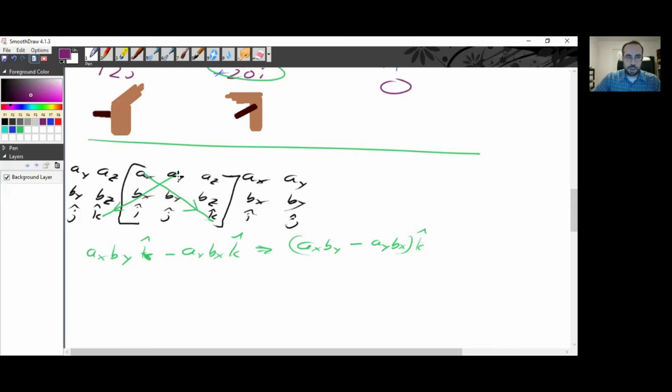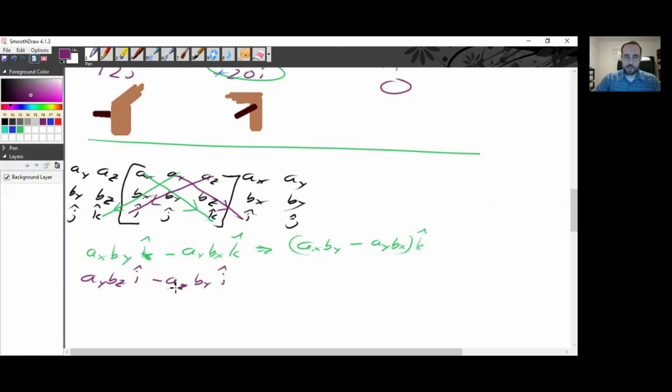And then the next one that we'll look at is if I go AY BZ, I get an i hat. So AY BZ, that's i hat, and I went forward, so that's going to be positive. But I can achieve the same sort of thing by going backwards from AZ. So minus AZ BY i hat.